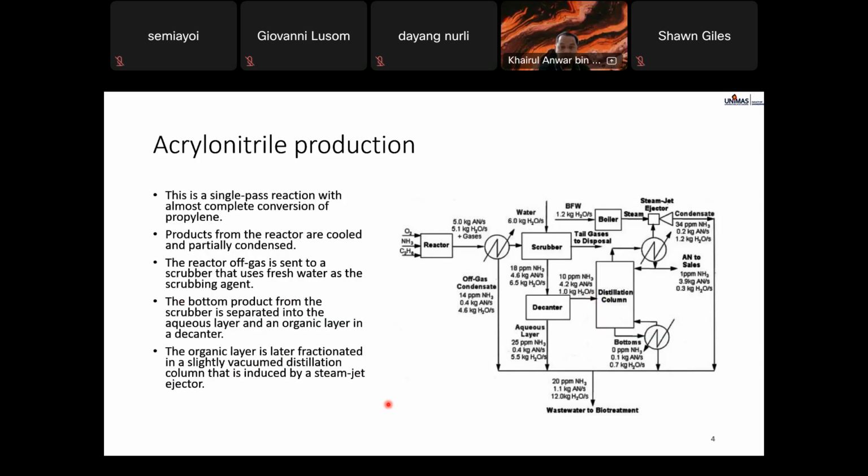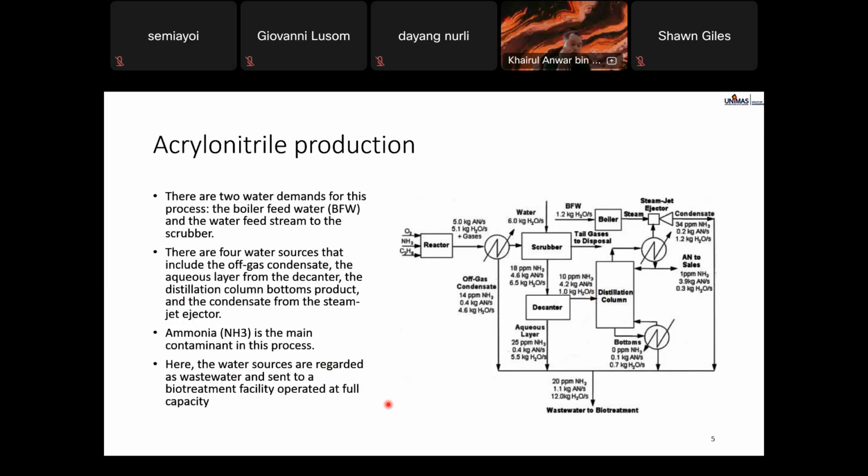So there are two water demands for this process. The boiler feed water here, and the water feed stream to the scrubber. So we have water demand and water source. So demand is inlet, water source is outlet.